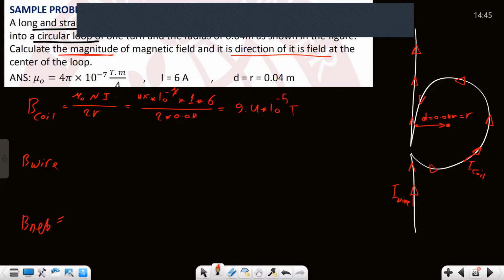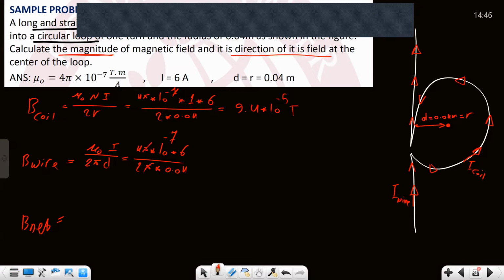For the wire, we're just going to say mu naught I over 2 pi d, which is 4 pi times 10 to the power -7 times the current, 6, over 2 pi times 0.04.